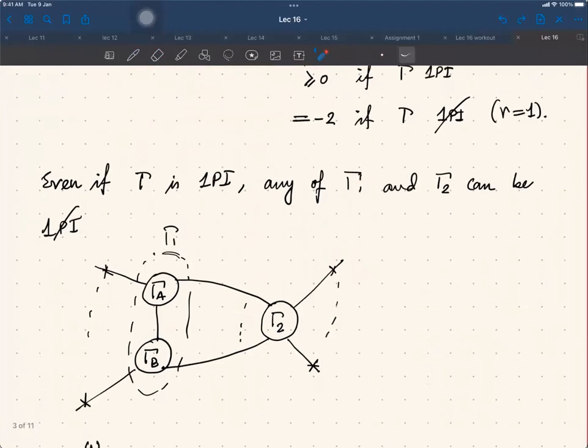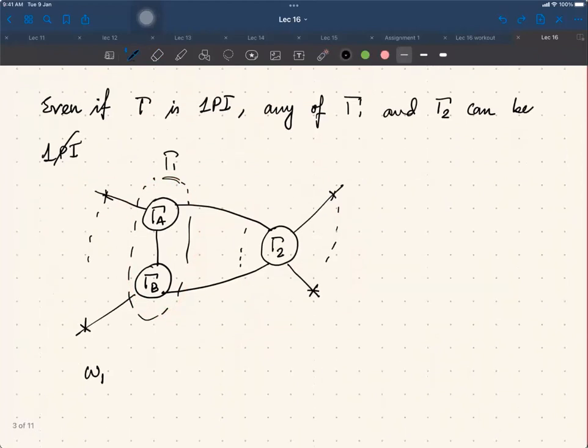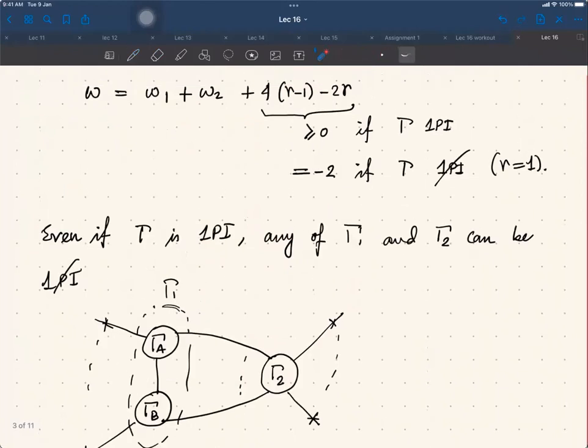Now you apply the same formula for gamma 1, which is written as omega A plus omega B minus 2, because it is connected by a single line. So this is the same formula with r equal to 1.